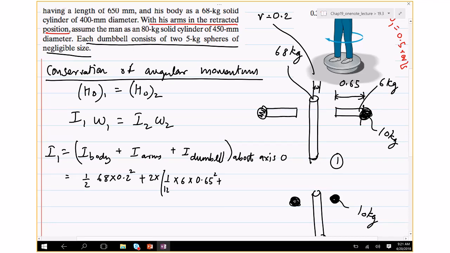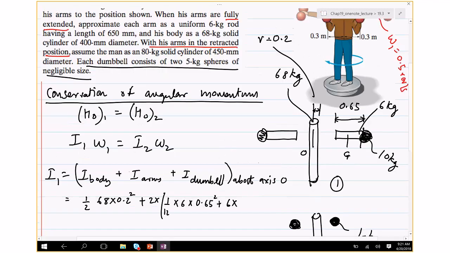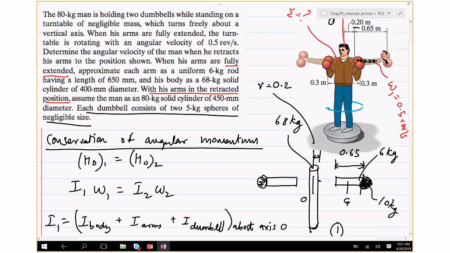Okay, but that's the inertia about G. We need to find the inertia about O. So that's going to be mass times the distance from G to O squared. So that's going to be half of 0.65, and this distance is 0.2. So this is 0.2 as it is shown here.